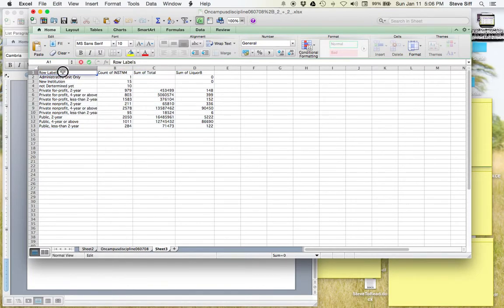So we know what the row labels are. Count of institution names, all right, so that's clear. So the sum of total, what that really means is, well, it means students. The students who go to this type of school. Liquor violations.